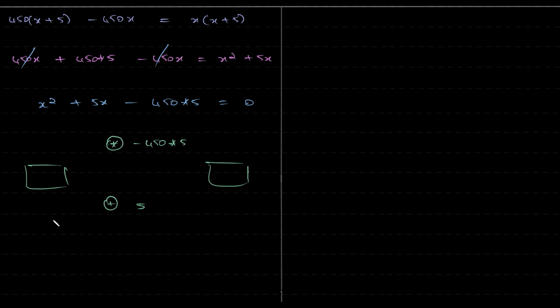So we have the factors of this, and it has to be close to 5. So it has to be a small number, first thing, and one has to be negative, one has to be positive. The bigger number is positive, the smaller number is negative, because we need to end up with a positive answer.